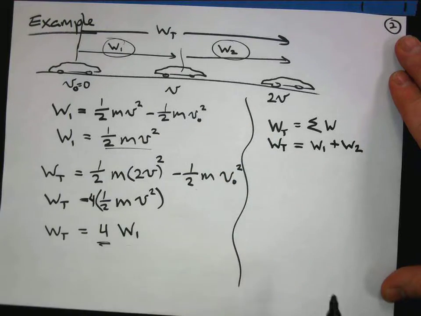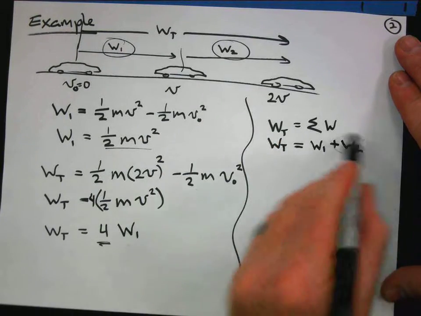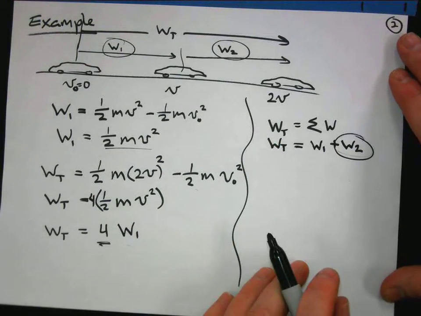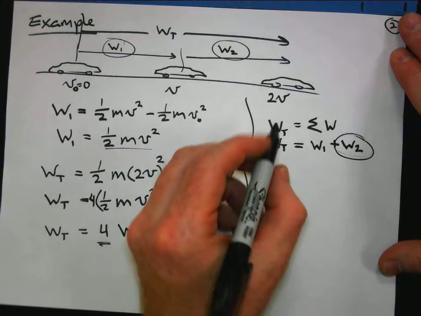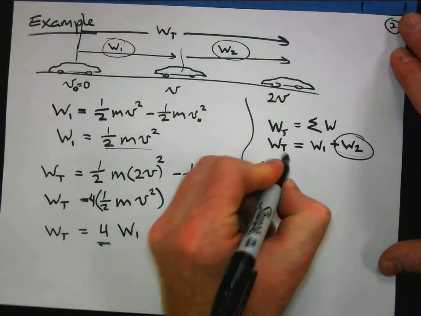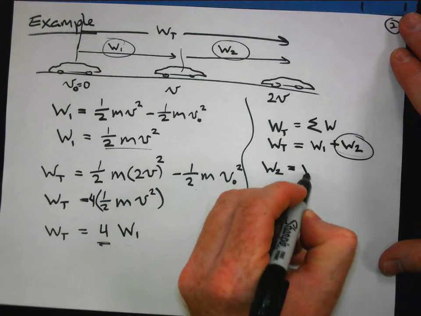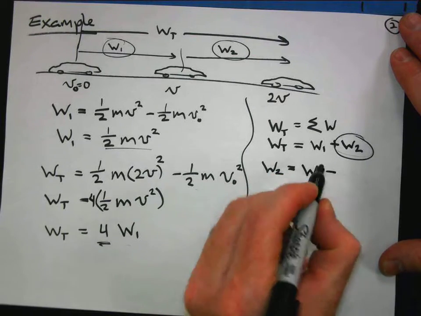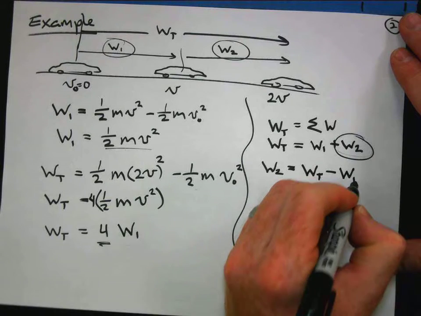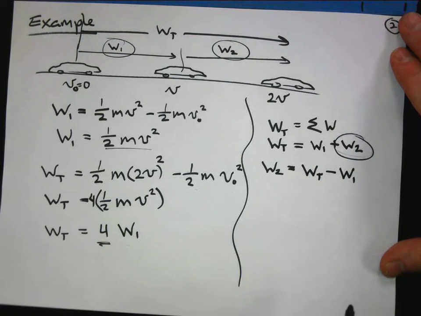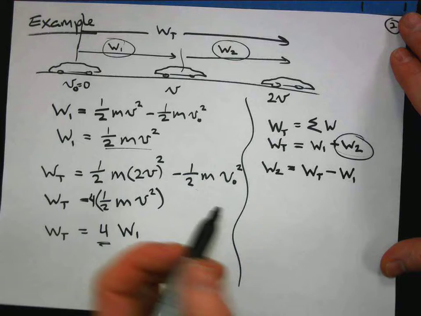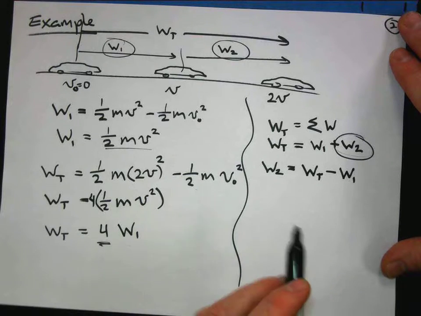There's our total. So our unknown, the question initially was here, what is the value of work 2? How much work is required to go from v to 2v? And it turns out it's the total amount of work minus that first bit, that work number 1. And that makes sense.